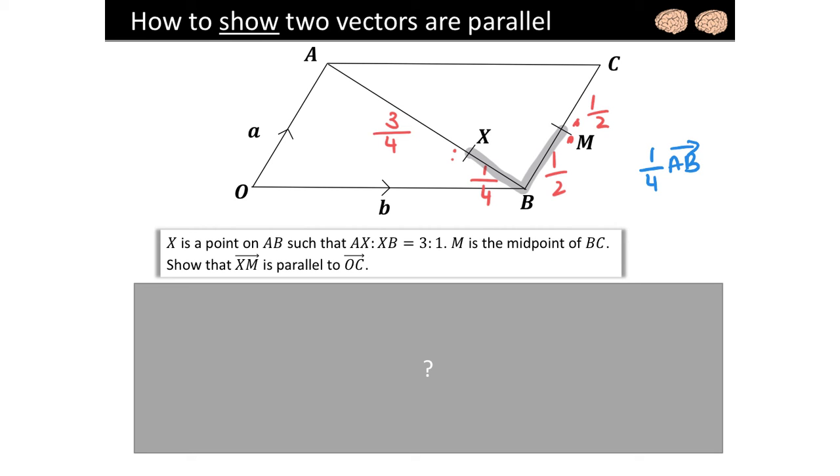And then I've done a half of BC in this direction. That's what I'm saying, isn't it? Okay. And then it's parallel to OC. Okay. So remember, what is this? XM. So we need to prove that XM and OC have a common factor.